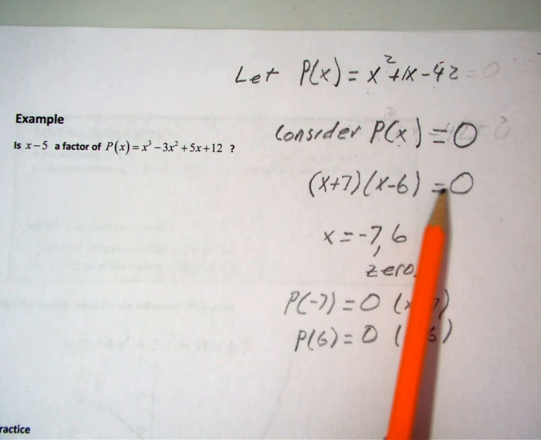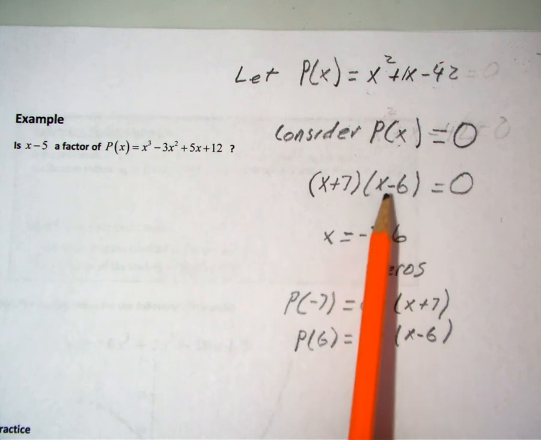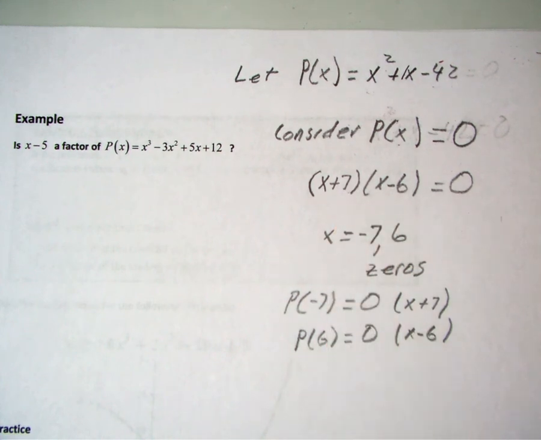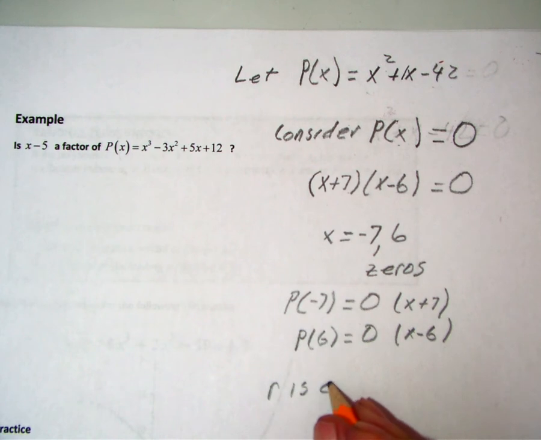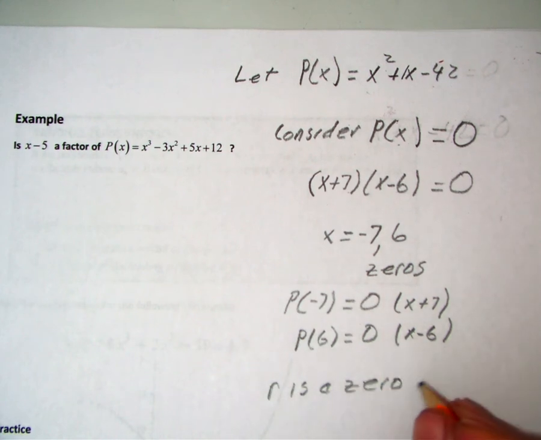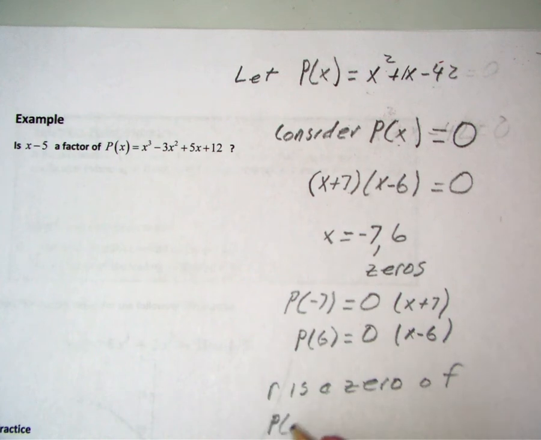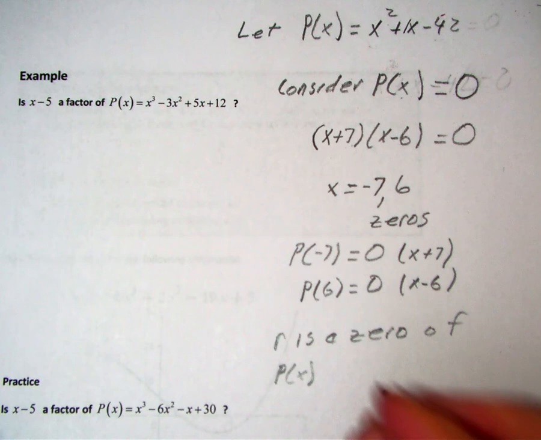Any zero corresponds to a factor, and that's obvious. Maybe you haven't thought about it this way, but anytime you have a zero, you have a factor. Another way of putting this is that r, we'll use the letter r, is a zero of the polynomial P(x).